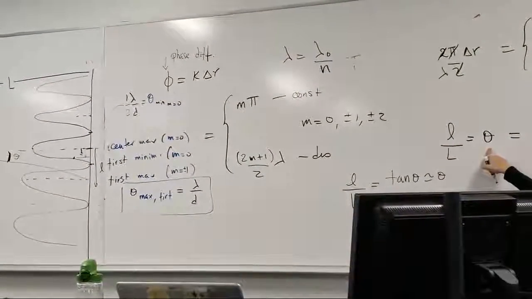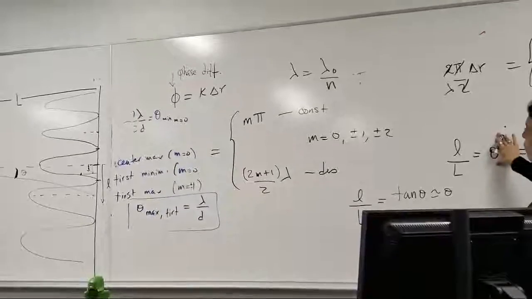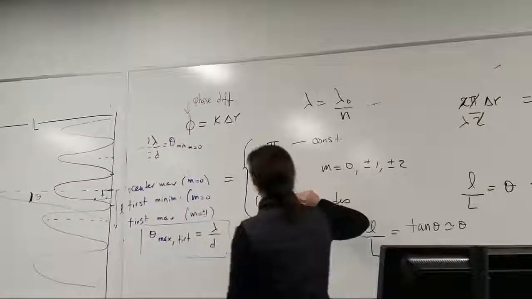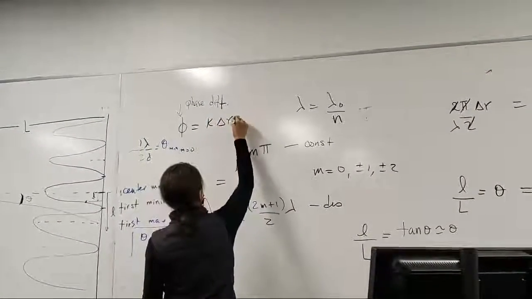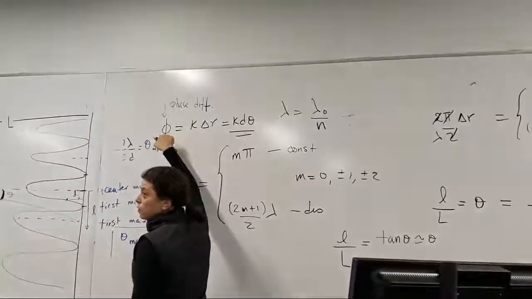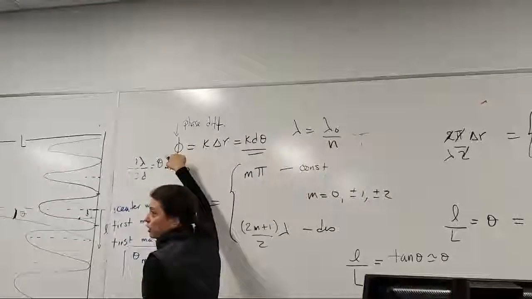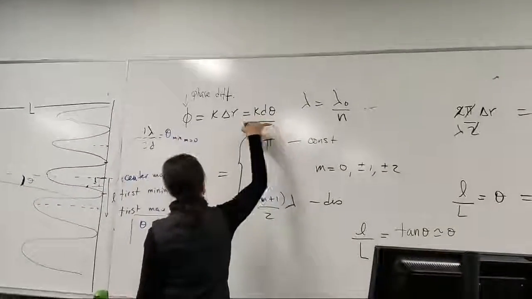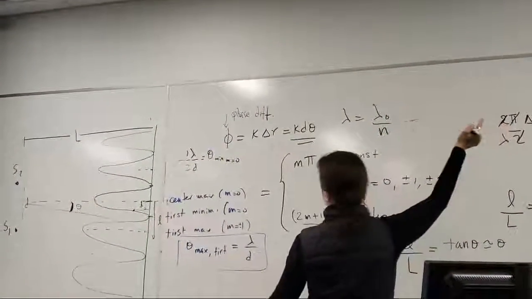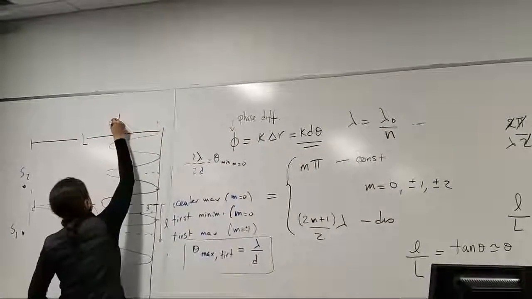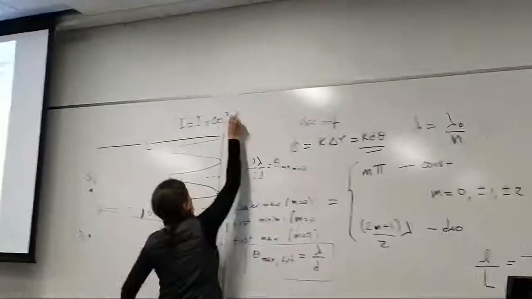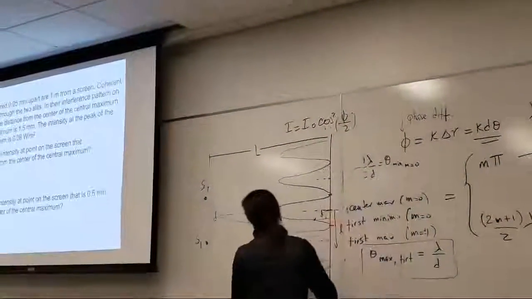Therefore, I get theta, and theta is related to the phase by k d theta. So now I know this angle in radians. Remember your calculator, this number is in radians. Now I plug it into my I. Intensity I is I0, which they give you in the problem, cosine squared of that phase angle divided by 2, squared.